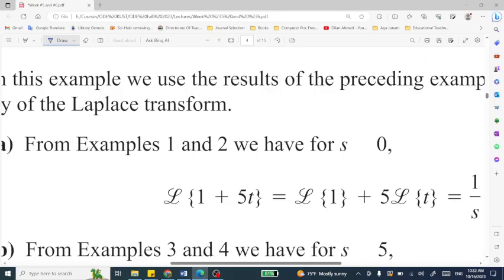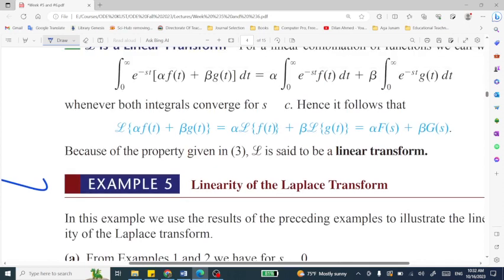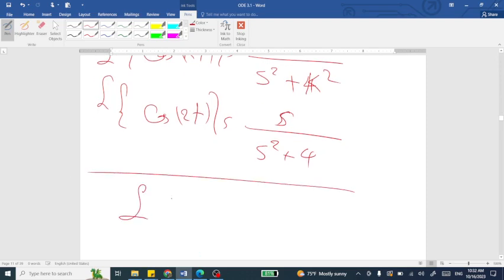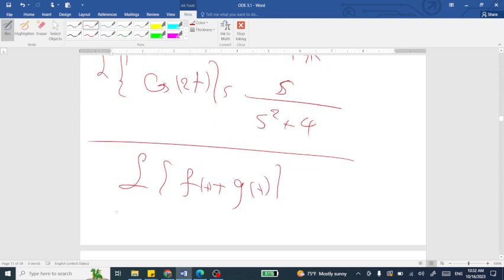We have a rule called linearity. It says that the Laplace of a sum of two functions equals the Laplace of the first one plus the Laplace of the second one.